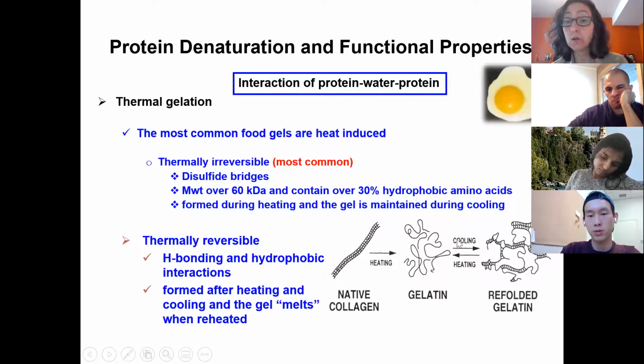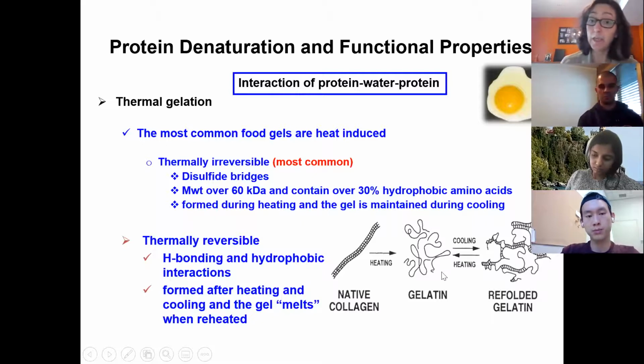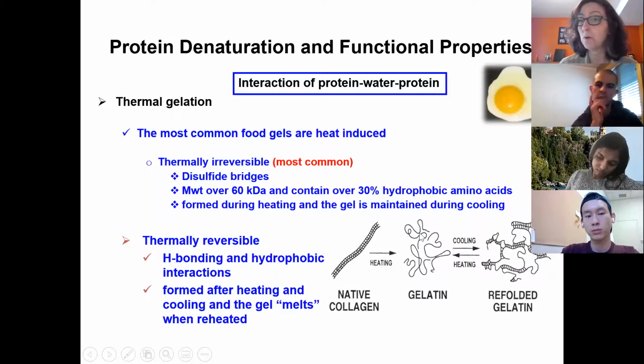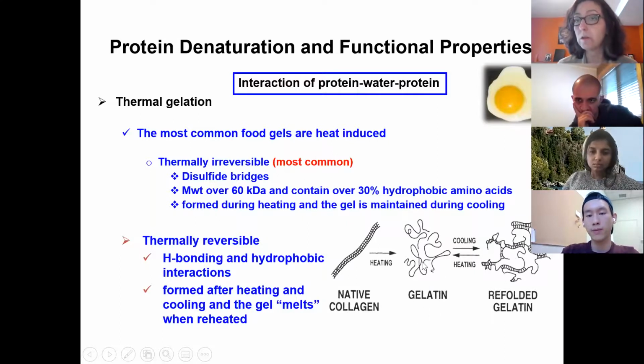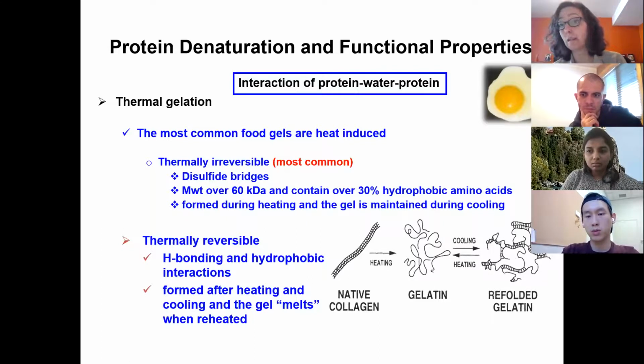And then when you cool, random hydrogen bonding occurs between these different filaments and you form your gelatin gel. If you heat again, these hydrogen bonding and electrostatic interactions will be broken, and then you get a soluble solution. Again, you solubilize your gel. So that is a reversible gel. It does not involve disulfide linkages. Once disulfide linkages are involved and strong hydrophobic interactions are involved, it's an irreversible gel.